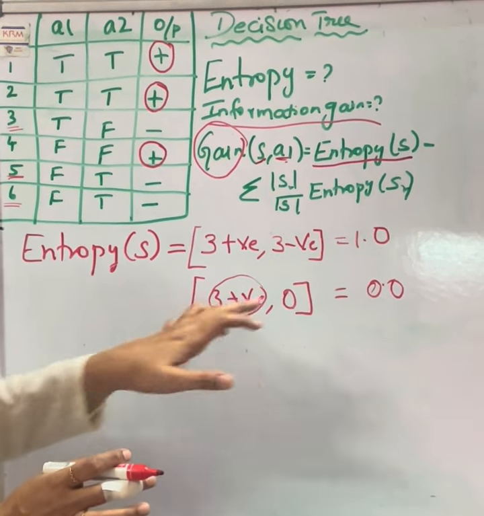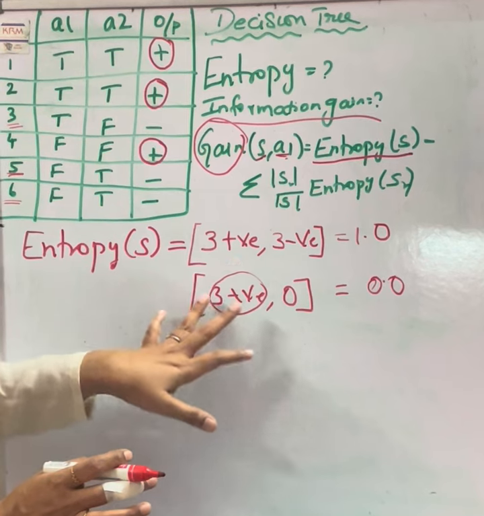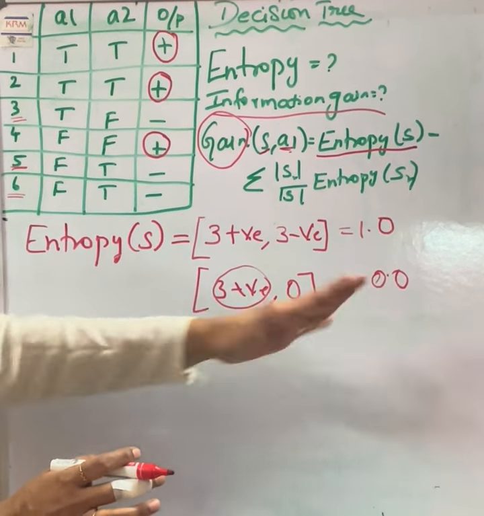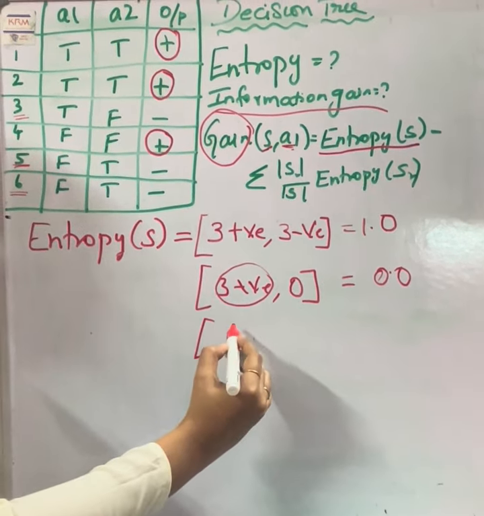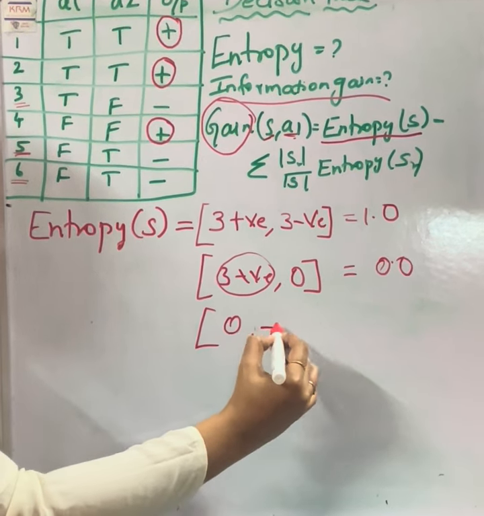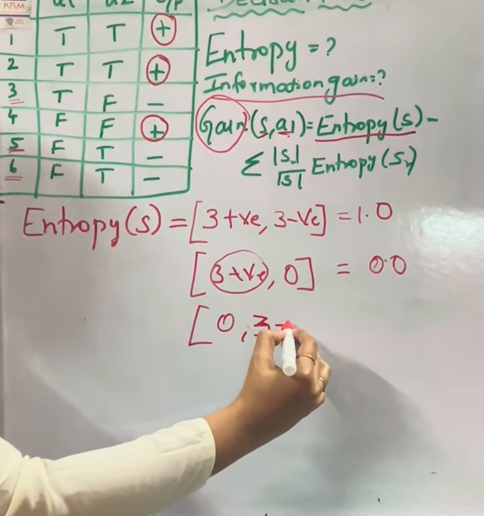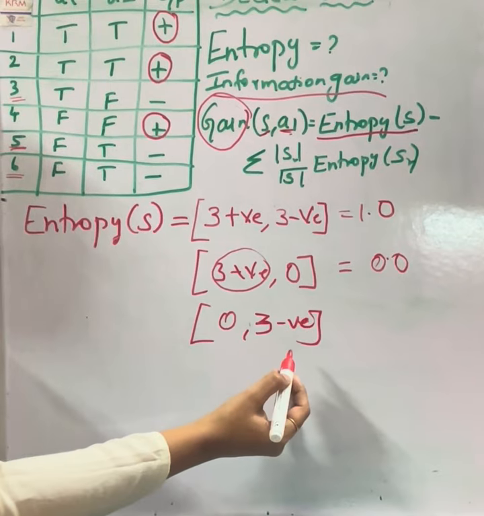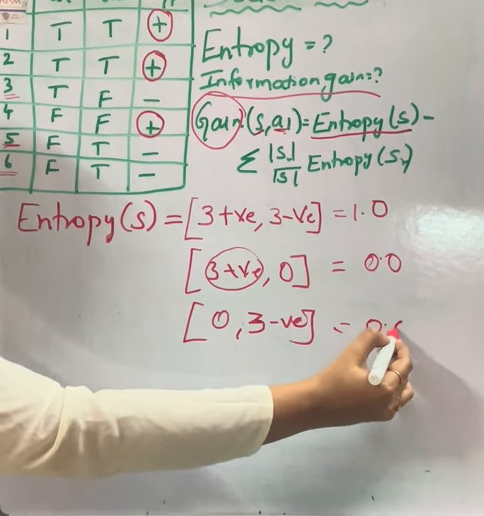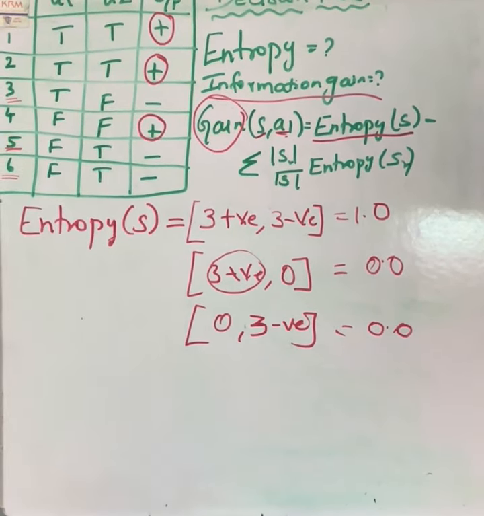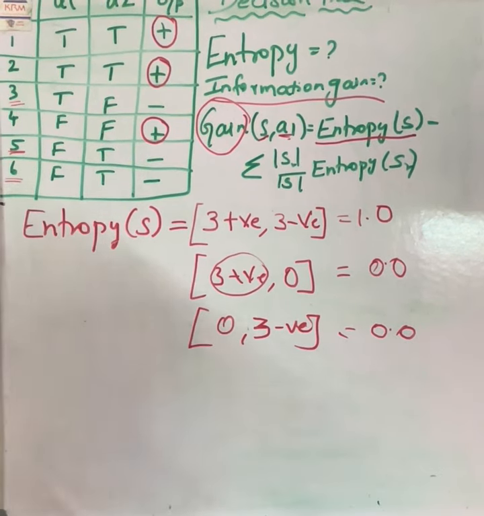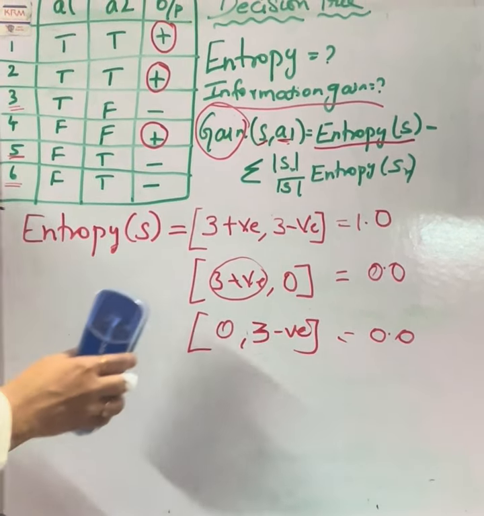If I have 3 negative instances and only negative contribution here, obviously the entropy is 0. So this is how the entropy of S should be calculated.